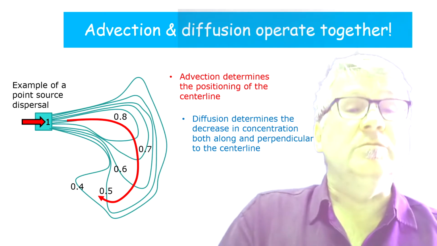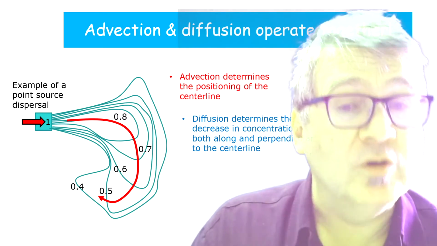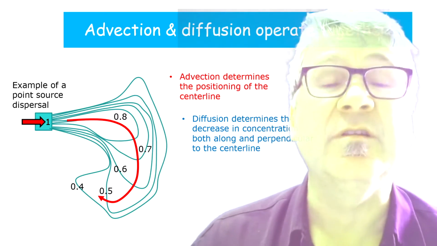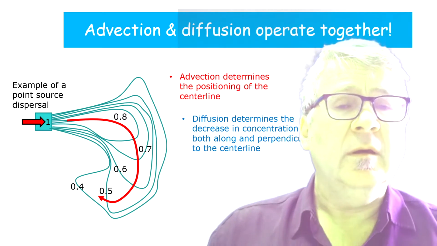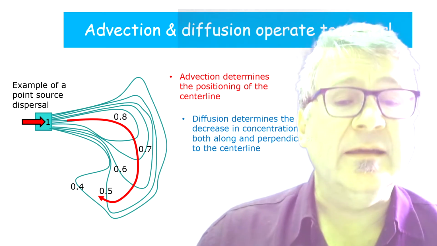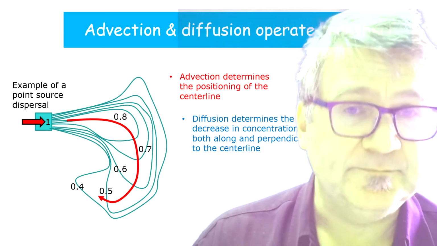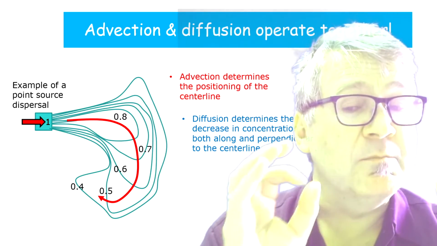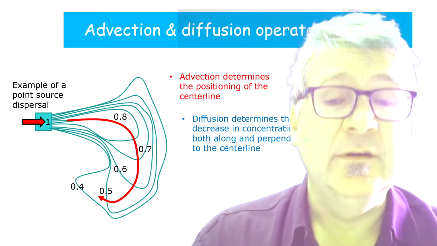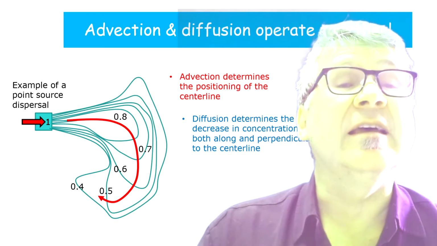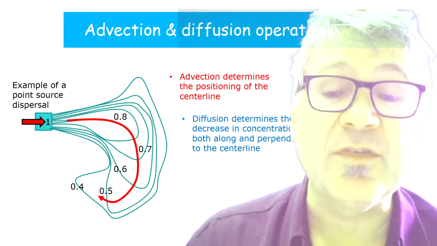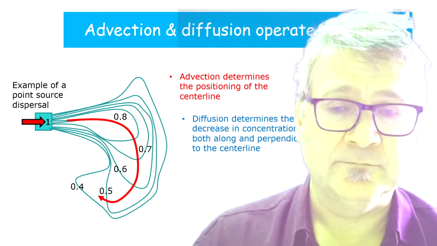The diffusion that also operates at the same time leads to a decrease in the concentration, and it's most obvious to see this perpendicular to the pathway of the flow.